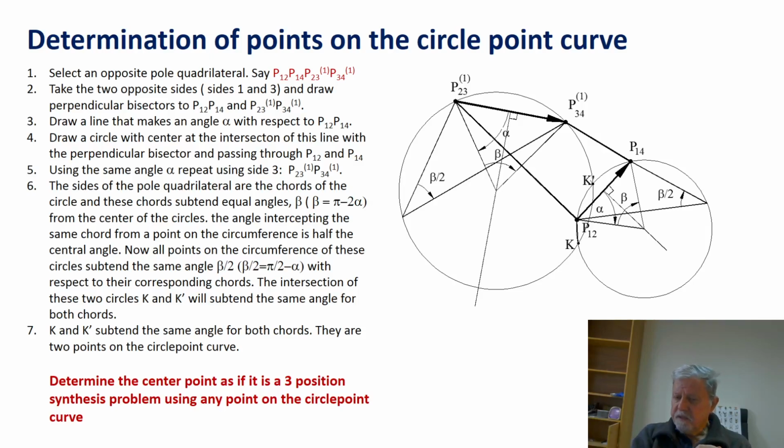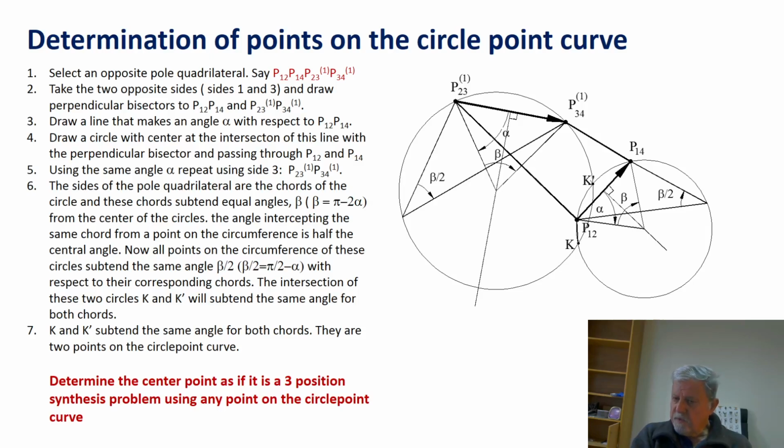Simply consider it as a 3-position synthesis. Determine A1, then A2, A3. Consider it as a 3-position synthesis with positions 1, 2, 4. Determine A4, as we have done for 3-position synthesis.